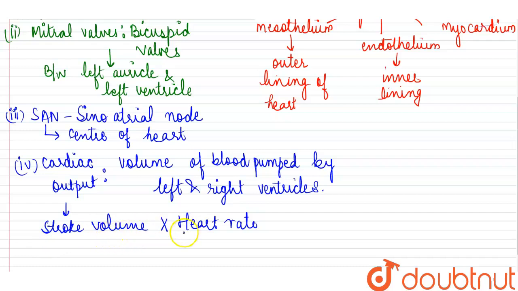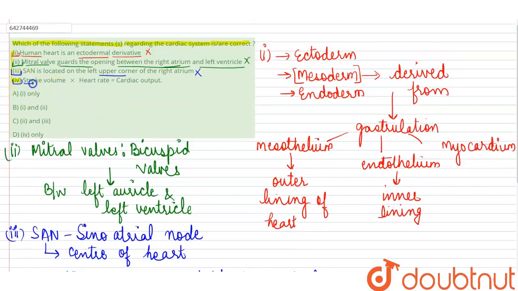So stroke volume multiplied by heart rate equals cardiac output. This is a correct statement. The only correct statement we have got is 4, that is stroke volume into heart rate equals cardiac output.